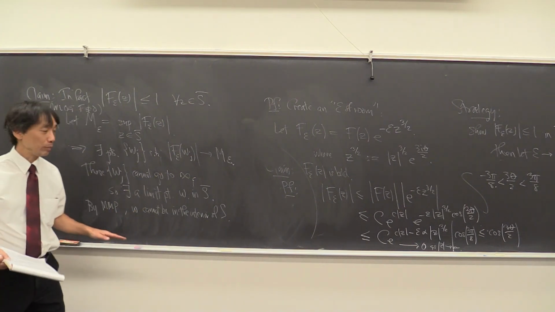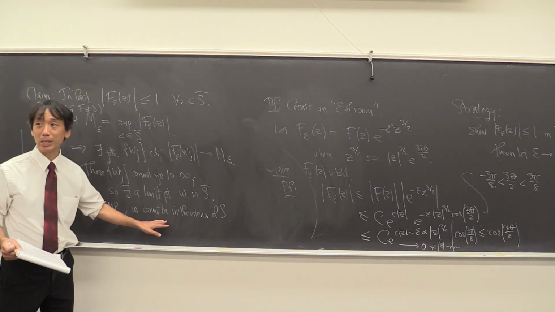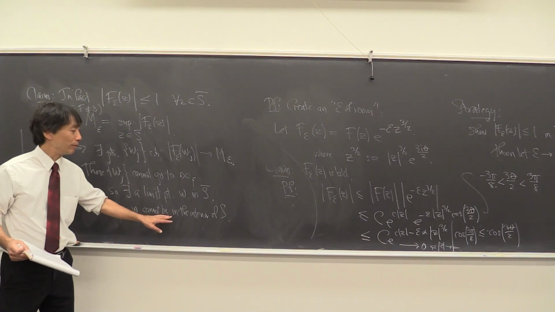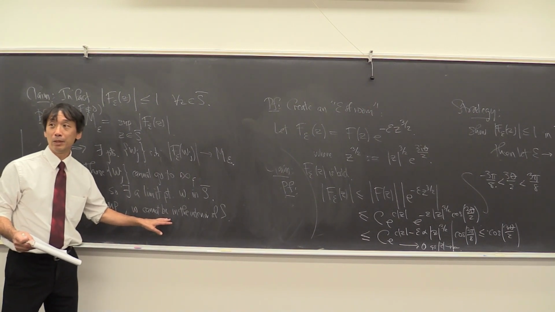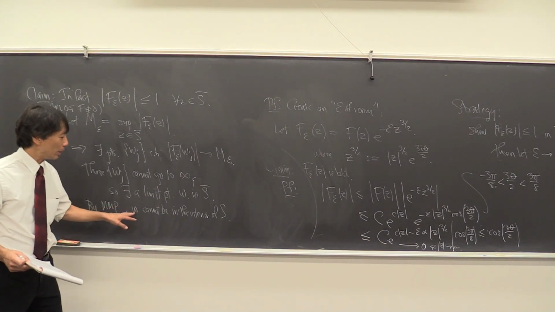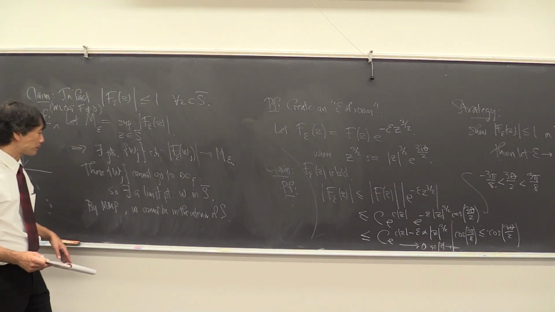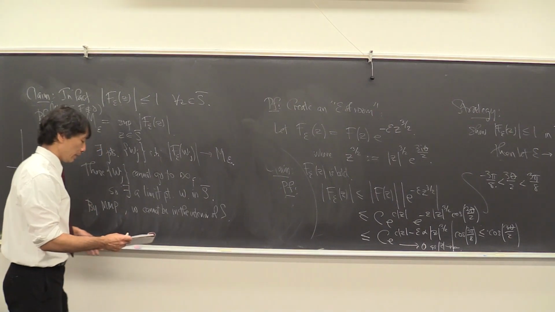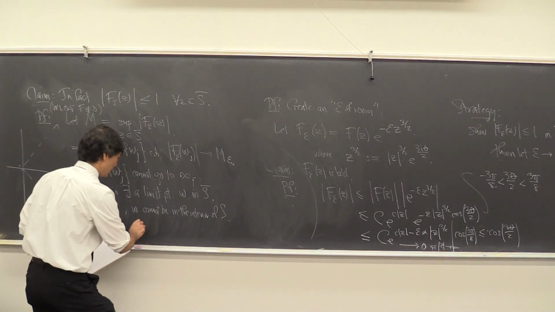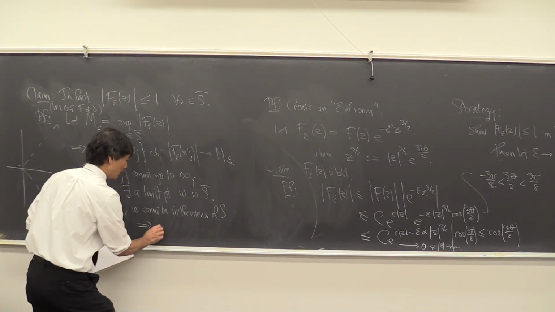That's how, I hope you recall, we prove the maximum modulus principle. Open mapping theorem says, well, you can't be in the interior, right? So it can't be in the interior, so that means that W must be on the boundary.